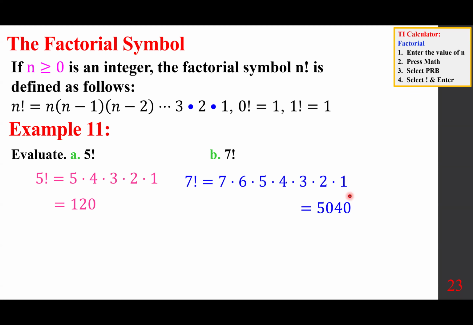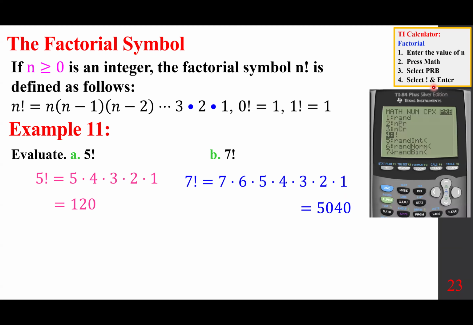Now, if the number gets larger and larger, it's better to use a calculator. But we should understand the concept. So for factorial, you enter the value of n, then press math, then select PRB, and then select the factorial sign and enter. So math, PRB, factorial.